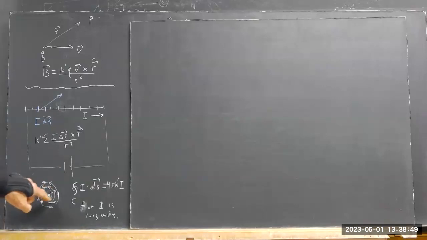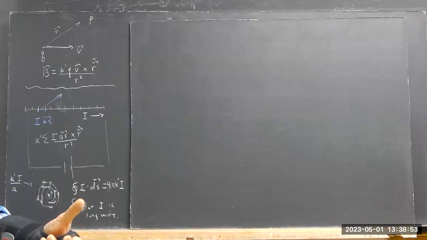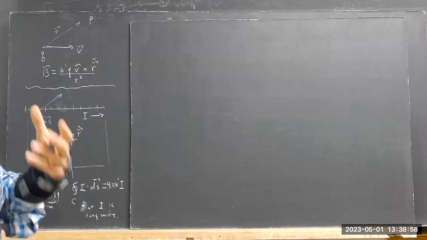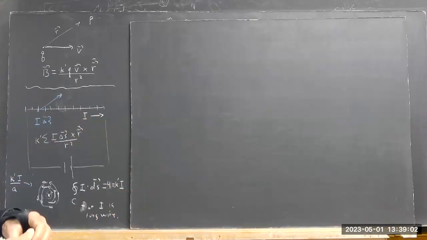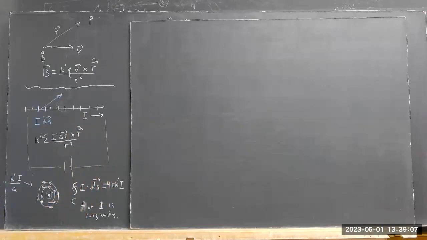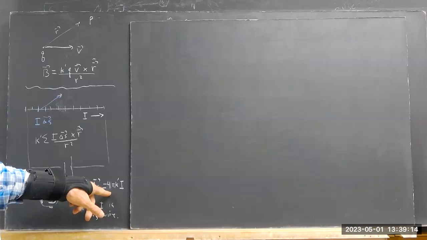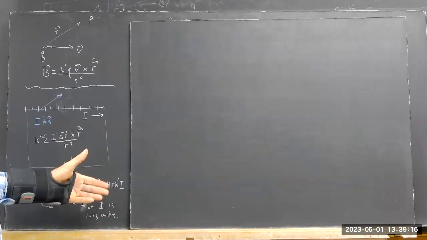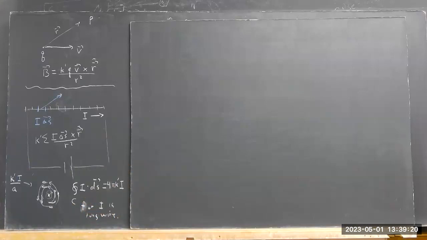And the circumference of this loop is proportional to the distance from the source, so that the distance from the source isn't going to matter. That's really a key thing you want to understand, that proportionality. It just helps you think about what's going on. Then if you can see what the 2 is, you get a 4 pi k instead of 2 pi k, or mu naught times I.